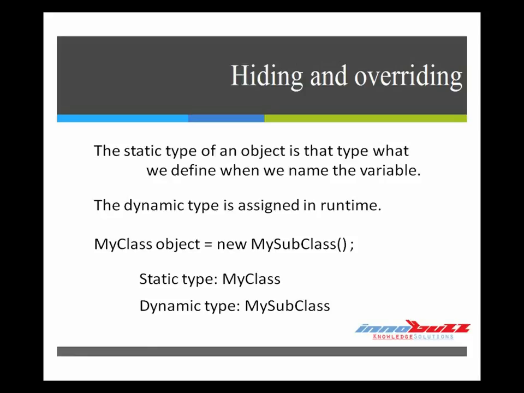If we call the hidden method, then we can call the parent class, for example. This is a specialty of Java, this kind of polymorphism.